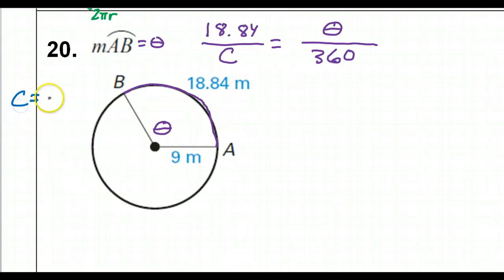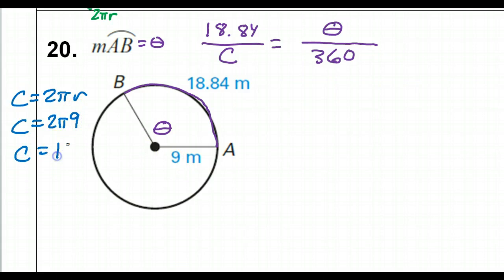The circumference is 2 pi r. That means the circumference is 2 pi times 9, which is 18 pi. So we can take that circumference and put it where it goes. That's where I'm going to get my 18 pi from.